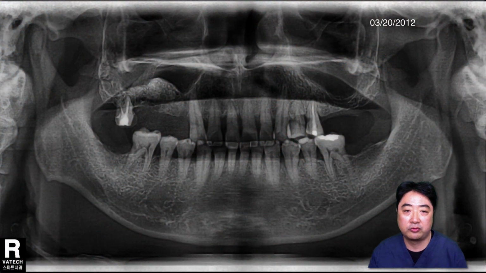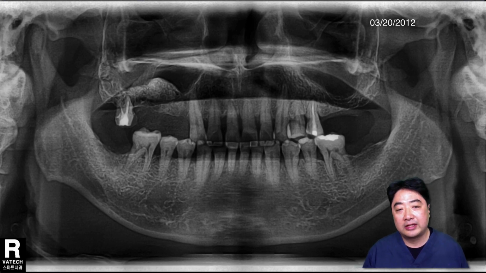So this is a panoramic view immediately after the sinus bone graft and the GBR. Oftentimes, I place implants simultaneously with the sinus graft. But for this patient, I knew I was going to place number 14 later, so I decided to do it at a different time. I made it separate, so I'm going to place the implant later on.